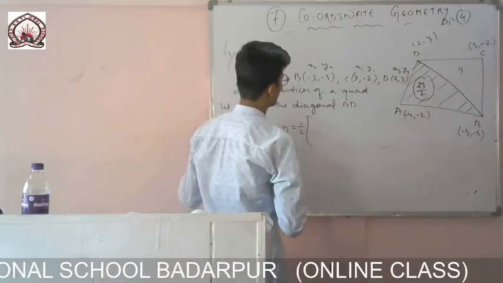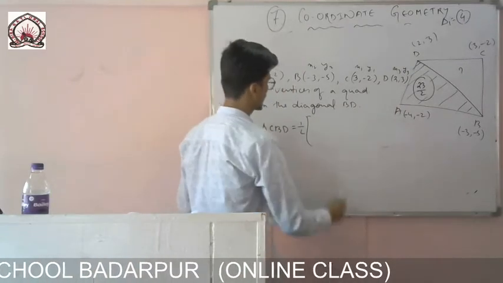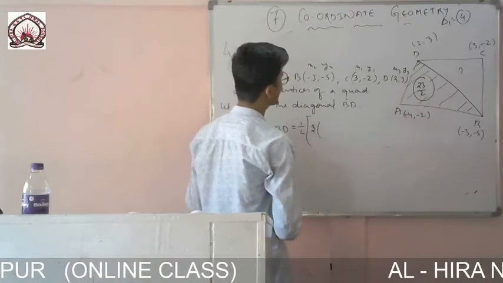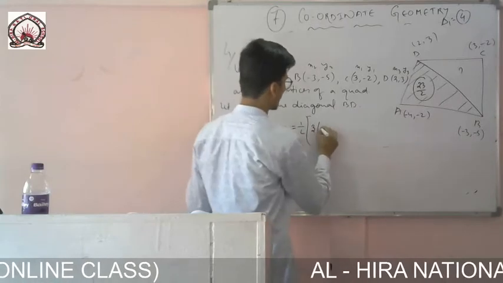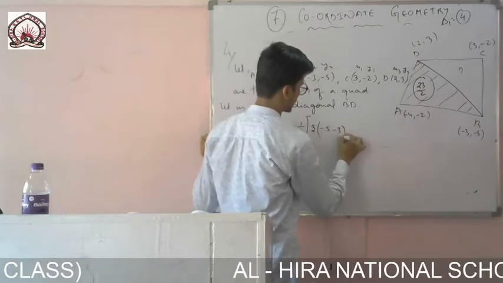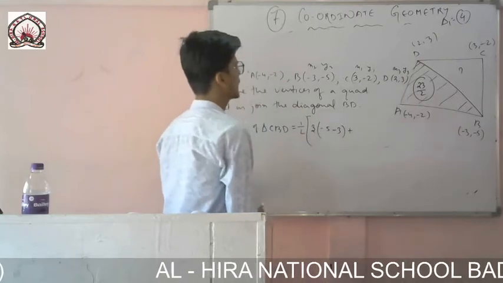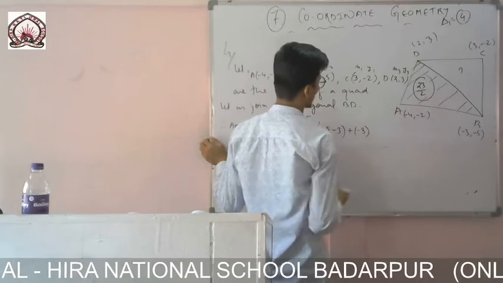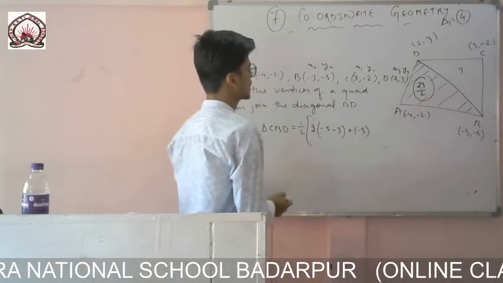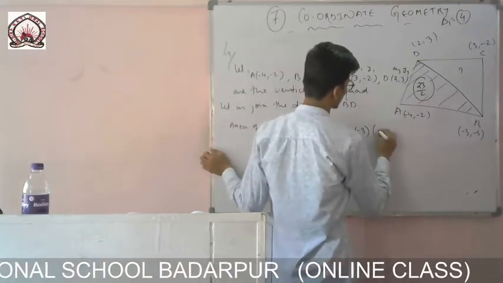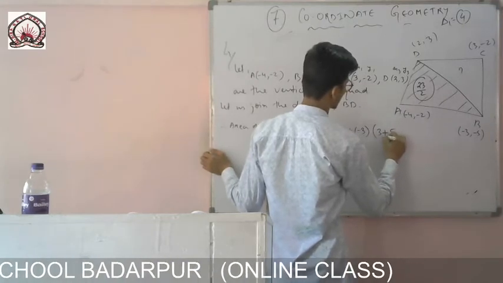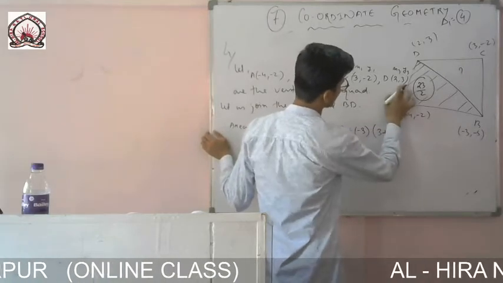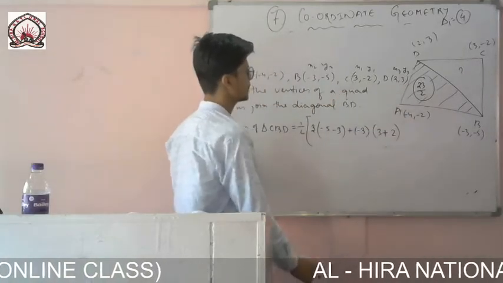So the formula will be x1, here it is 3, x1 into the bracket y2 minus y3, plus again x2, it is minus 3, x2 into y3 minus y1, so it will be plus 5, plus 2, y3 minus y1, minus minus it will become plus.